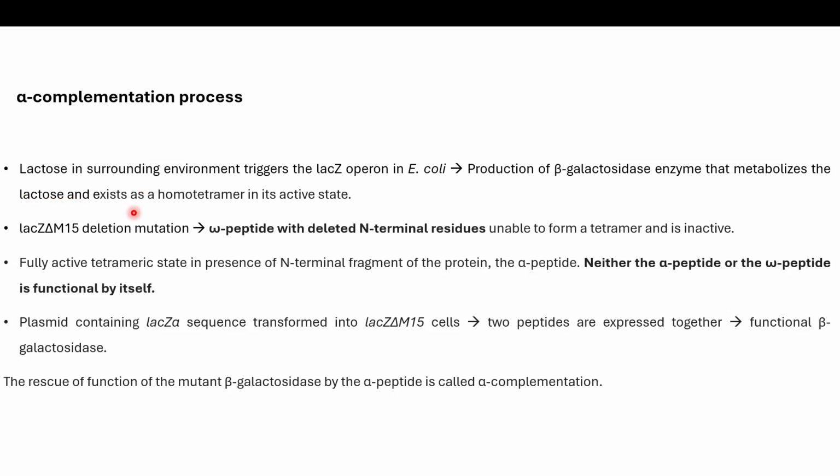You remember the Z, Y, A genes together in a single polycistron, which we read about back in the high school curriculum. So this beta galactosidase enzyme metabolizes the lactose, and exists as a homotetramer in its active state, like four same subunits are there for its functional state.